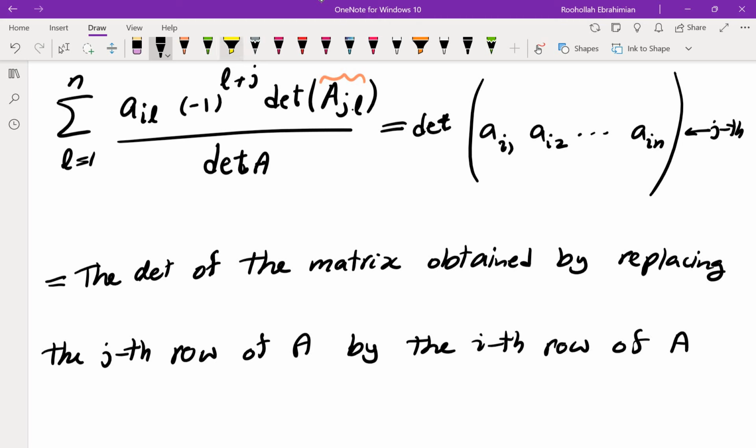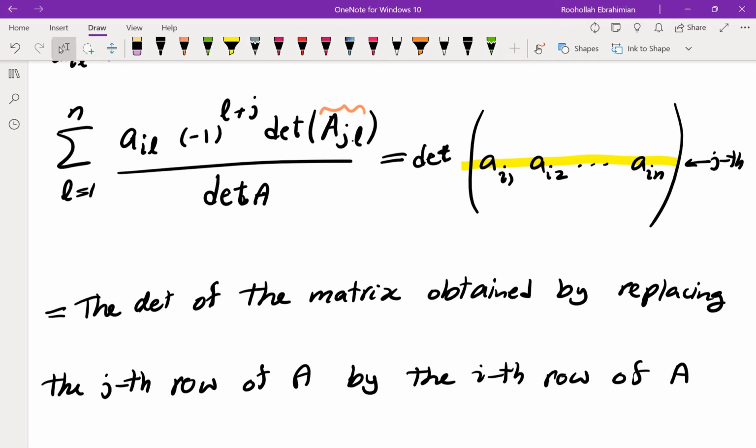So how do we know that? Because if you do a cofactor expansion along the jth row, you would get A_i1 times the determinant of removing the jth row of A and removing the first column of A, and that's exactly this. And then A_i2 removing the jth row of A and removing the second column of A, and again we get the same thing.